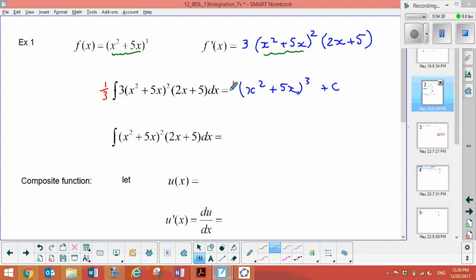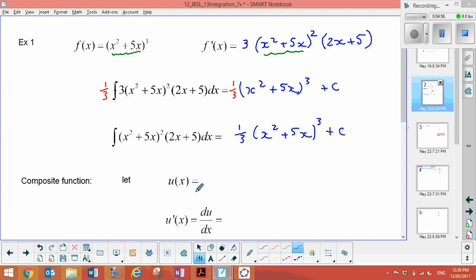I can do that just with numbers. So the integral of this is 1/3 of (x squared plus 5x) cubed plus c, or plus d, whichever. But I needed both those terms there. I can't multiply this by x's or anything.